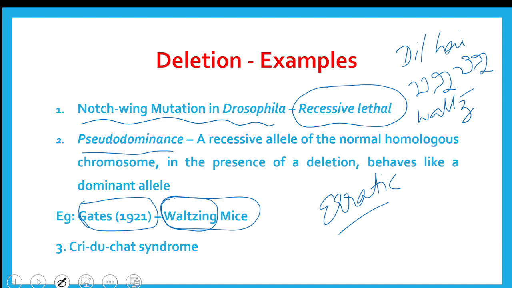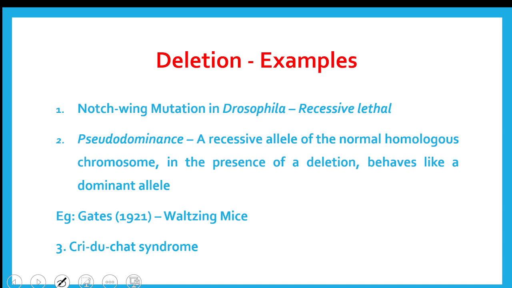For example, if it is kept in a cage and it moves from north to south one time, that same thing is repeated continuously. In that case we call such mice waltzing mice. Why does this happen? Let us say there is a gene for normal behavior which is dominant, and this got mutated to result in waltzing behavior, which is recessive.